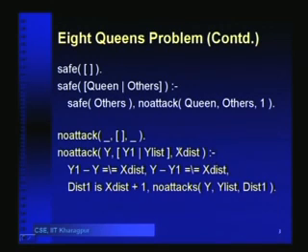Okay. Let me repeat this part. In this rule we are first checking whether the queen which is x dist columns away from the column where we have this y, right. So, this is the first column, this is the column x dist away from the first column.